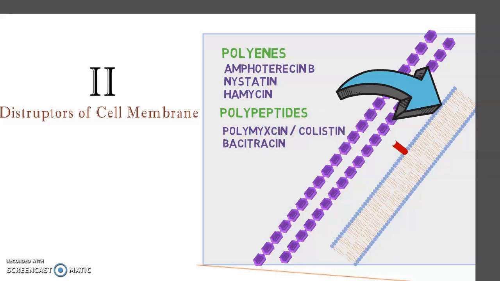So these drugs, polyenes and polypeptides, target the cell membrane and will not allow the synthesis of the cell membrane, and they will also cause pores and gaps in the cell membrane layer. So this lipid bilayer will be disrupted and the internal components or organelles of the cell will leak out and the cell will lose its integrity.